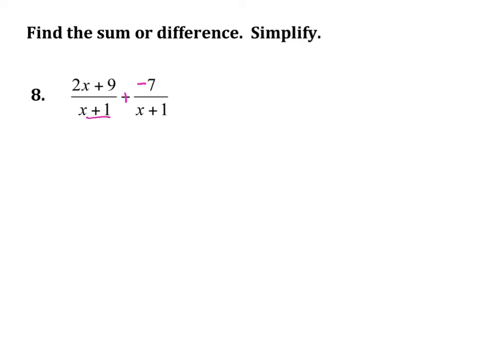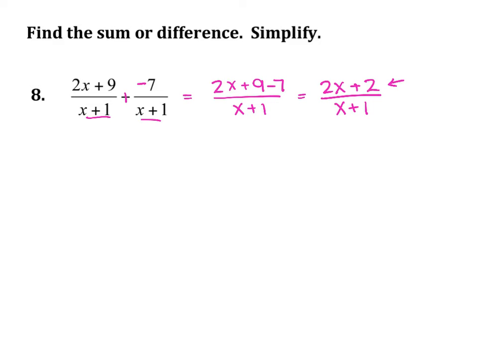Now, again, I already have a common denominator. So when I add those together, I get 2x plus 9 minus 7. You don't have to write this step down. You can actually do the positive 9 minus 7 right away: 2x plus 2 all over x plus 1. But this time I'm not done because I can factor the numerator.